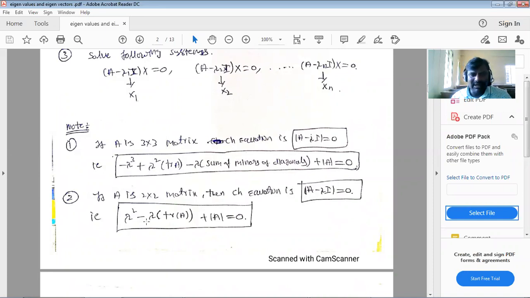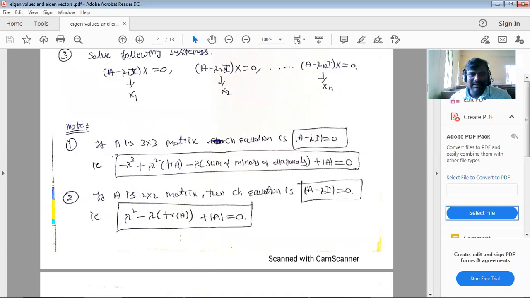Therefore, my formula is: lambda square minus lambda into trace of A, where trace means the sum of the diagonals, plus determinant of A is equal to 0. For a 2 by 2 matrix, using this formula you can find the characteristic equation in a single step.